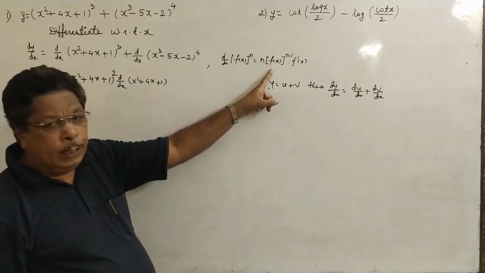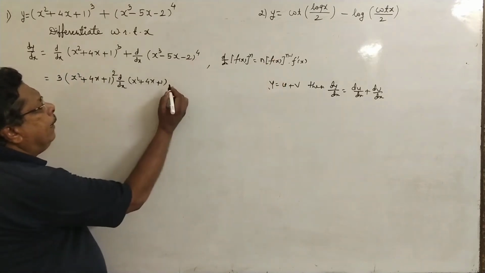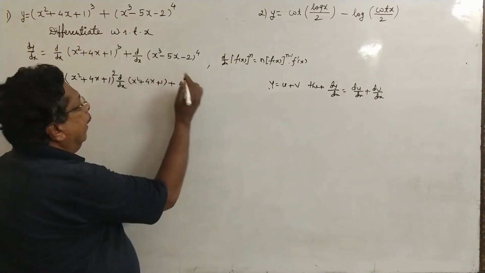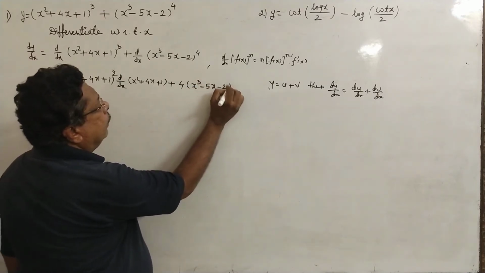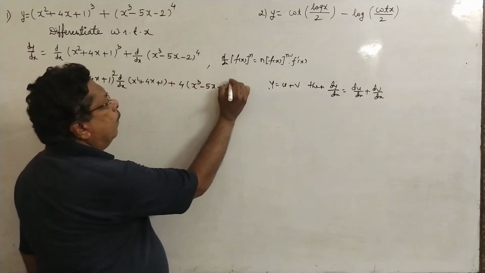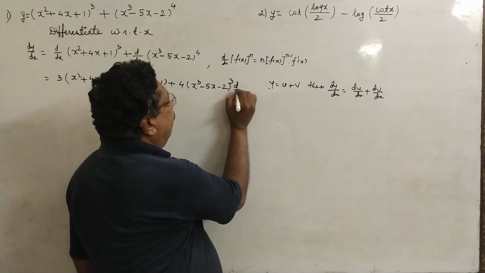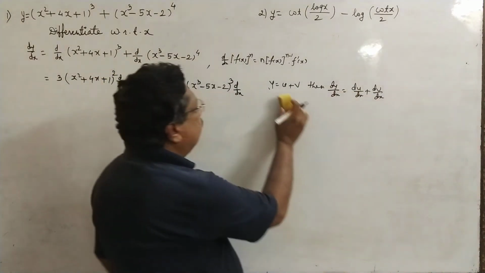The derivative of f(x) raised to n is n into f(x) raised to n minus 1. What is n here? n is equal to 4, f(x) is x cube minus 5x minus 2, raised to n minus 1, which means 4 minus 1 is 3, into f dash x, d by dx of f(x).